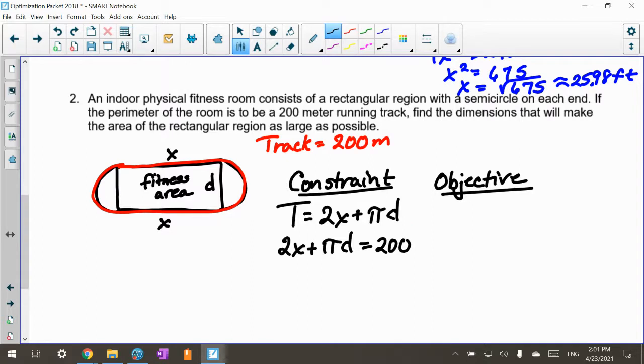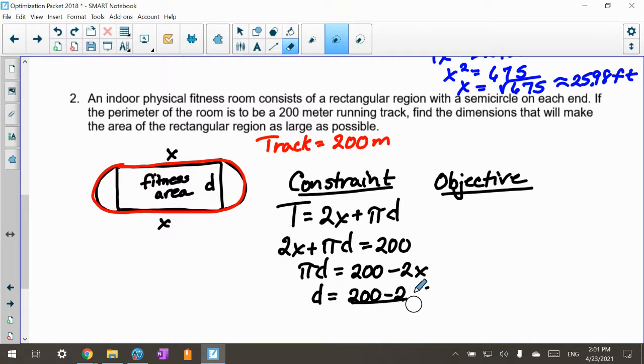Okay, I actually solved for the diameter on this one. So I've got pi d equals 200 minus 2x. You could actually solve for x as well. So d is going to equal 200 minus 2x all over pi.